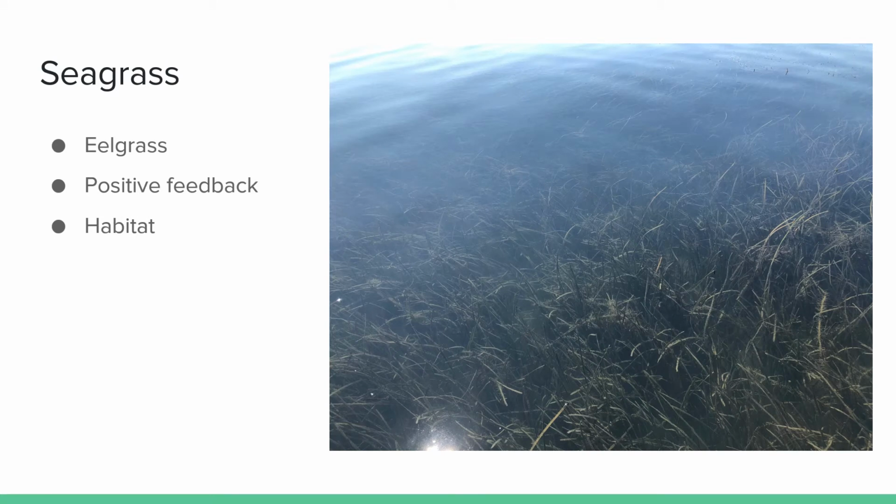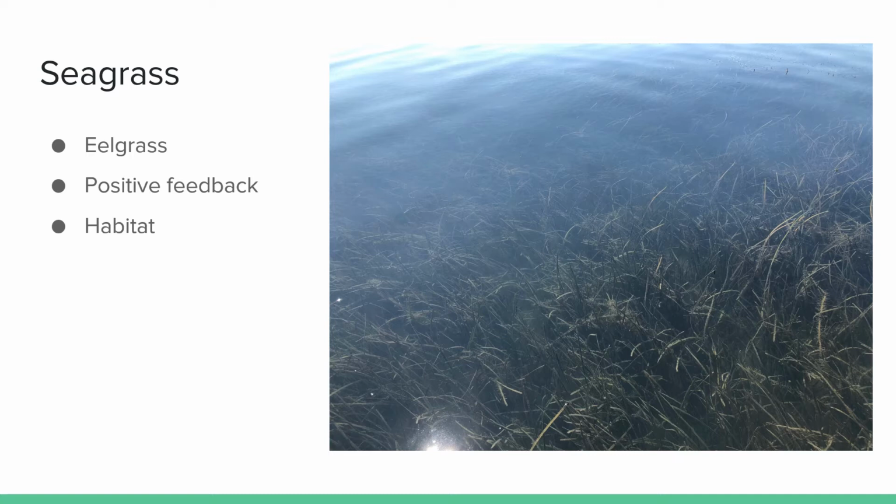Now, the seagrass that grows in the lagoons where I did my research is the specific species eelgrass. And eelgrass creates what we call a positive feedback loop, which means that the seagrass roots help stabilize the sediment, and the blades of the seagrass help slow down the movement of water.